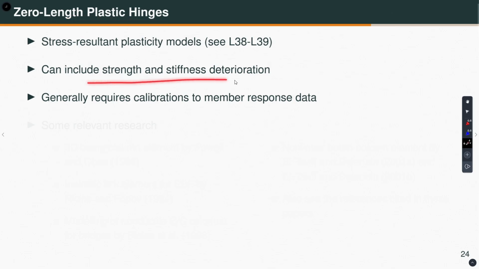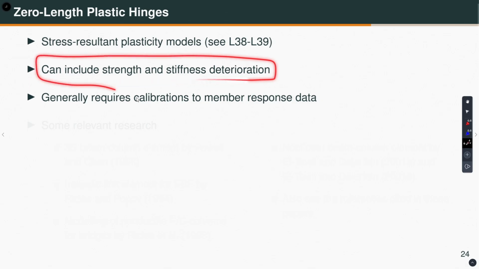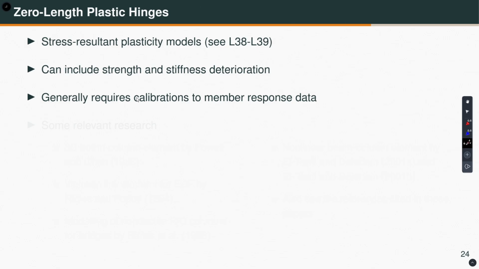It can include strength and stiffness deterioration, which I have not discussed. It is there in CSI software. But one thing that we have to note, that all this model require calibration to member response data. If you have experimental data, you can calibrate, okay, or if you have equations that are developed based on a lot of research, okay, you can use those equations to calibrate your model.